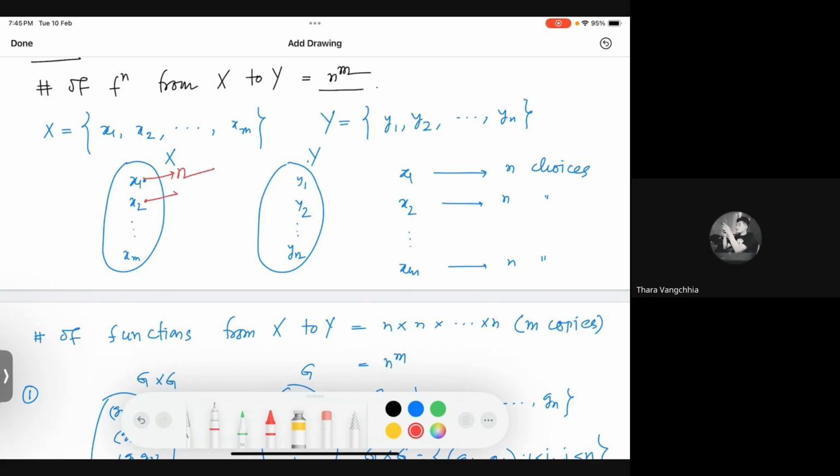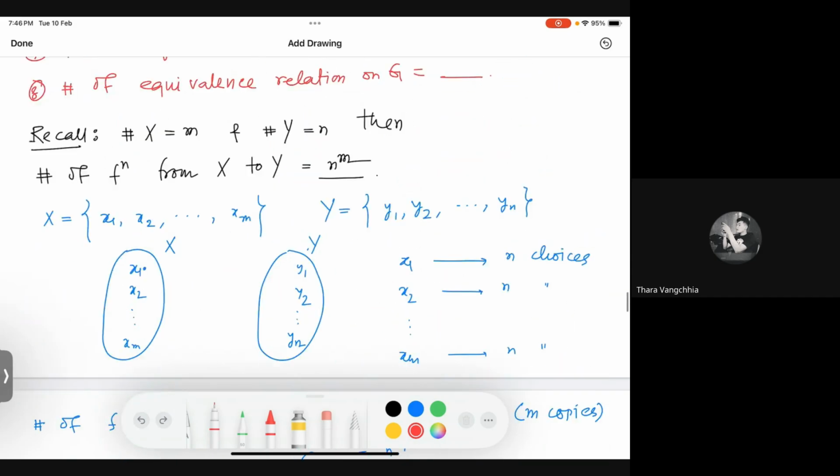Similarly, X2 has n choices, and similarly Xm has n choices, and all the choices are independent. So n times n times, up to n, m times. It means n to the power m. So the number of functions from X to Y is n to the power m.